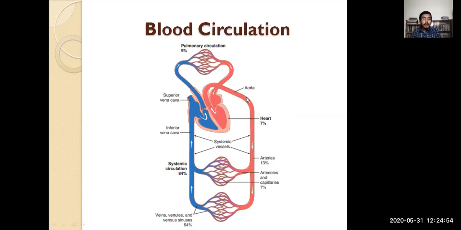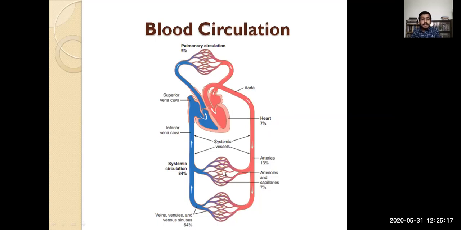Whenever this aorta goes further down, it gives rise to branches which are called arteries, and these arteries account for about 13% of the total blood volume, and these arteries further give rise to the branches called arterioles, and these arterioles further divide to give rise to different types of capillaries.